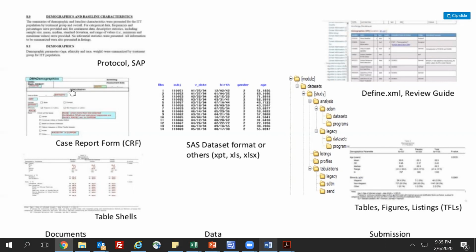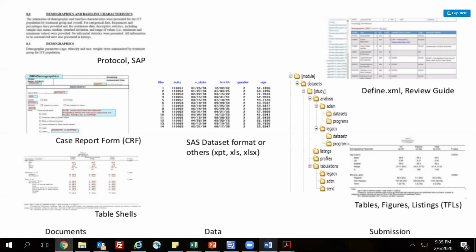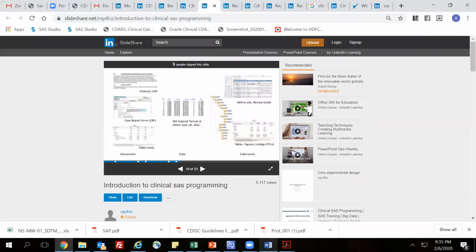Everything will be mentioned. It's like going to a college for admission, where you give information like your name, your father's name, your mother's name. It's just a document which consists of the information about the subject.